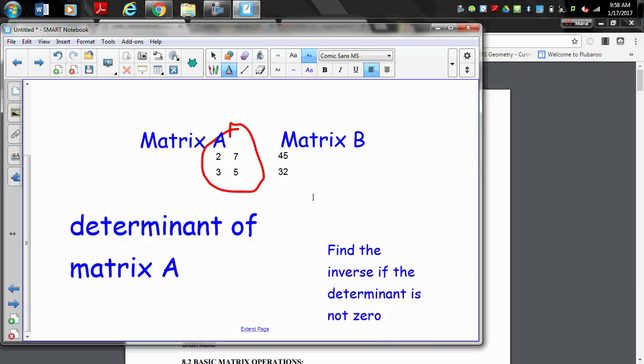So step 1, find your matrix. Step 2, find the determinant. Step 3, find your inverse if your determinant is not 0.